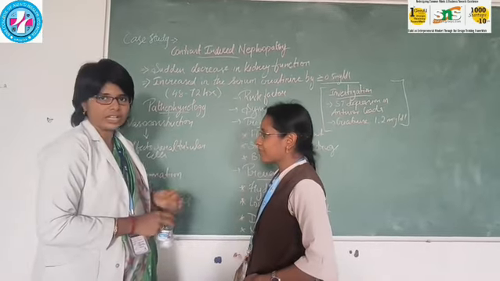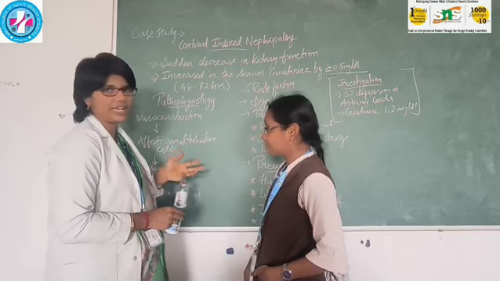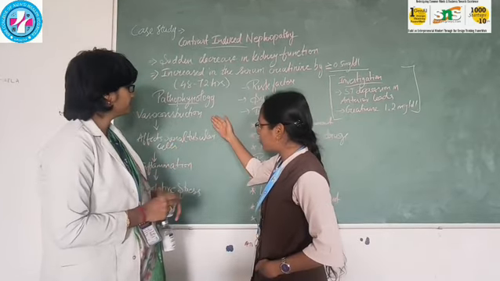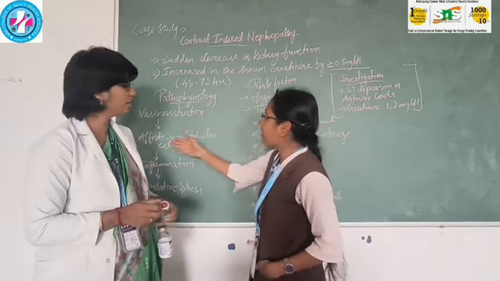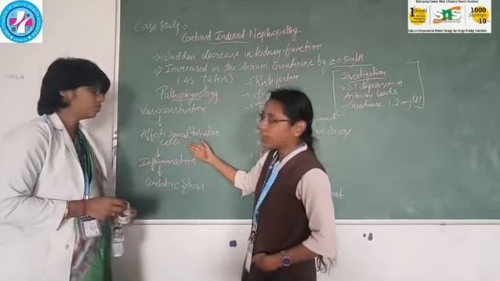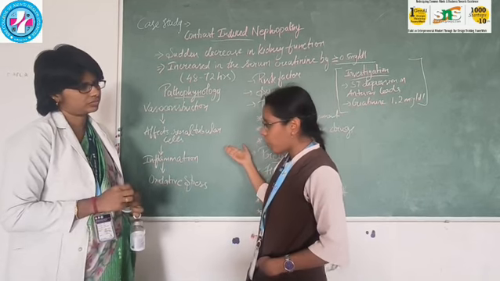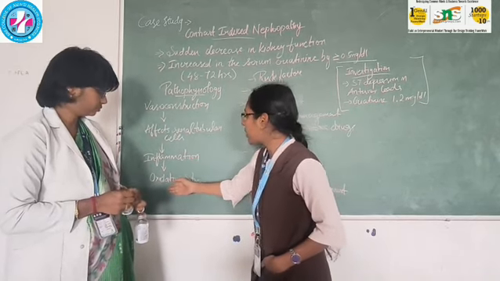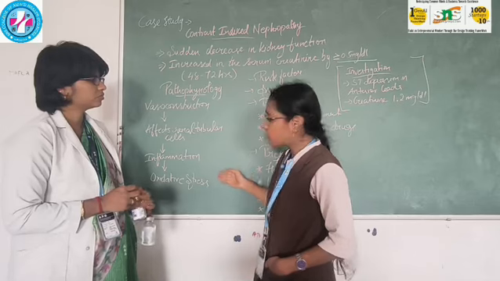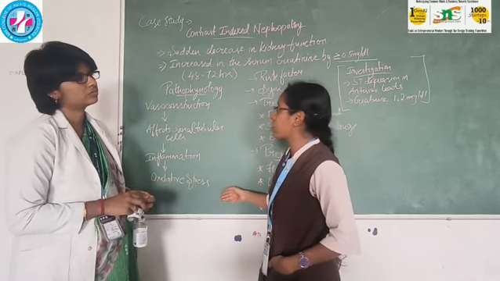So the pathophysiology for CIN is vasoconstriction and necrosis. It affects renal tubular cells. It decreases absorption and excretion of water and electrolytes. Inflammation, then oxidative stress, decrease the oxygen supply and decrease kidney functions.